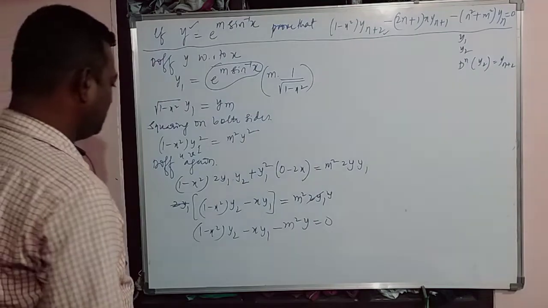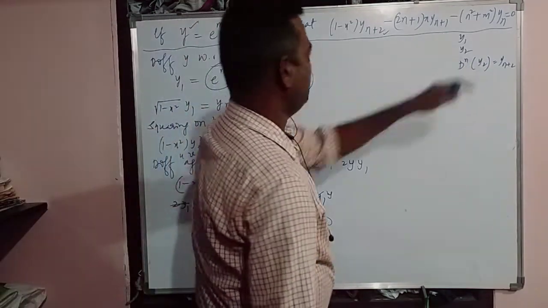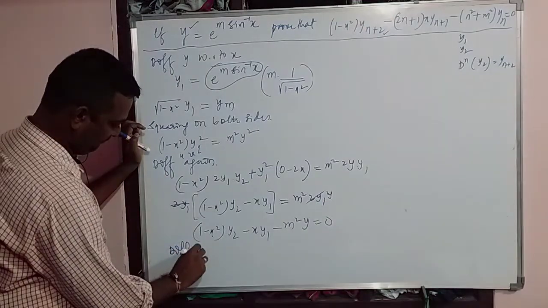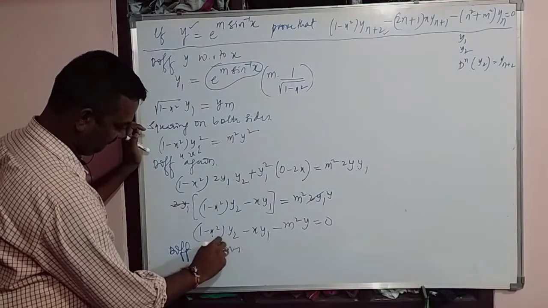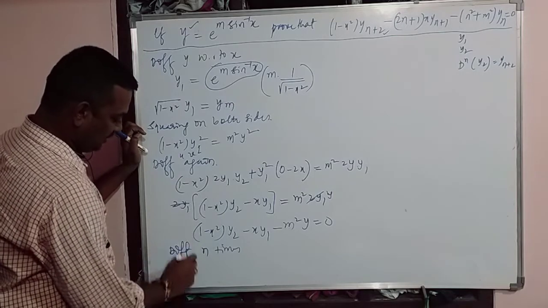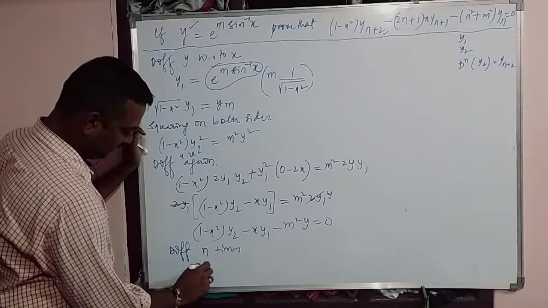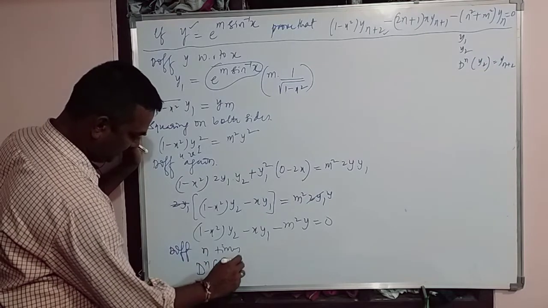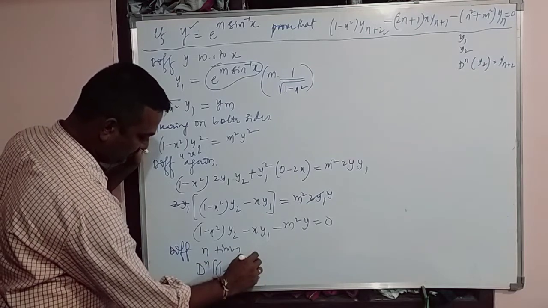Fine. After getting y2, differentiate n times. So this is the nth derivative of (1 minus x square) into y2.